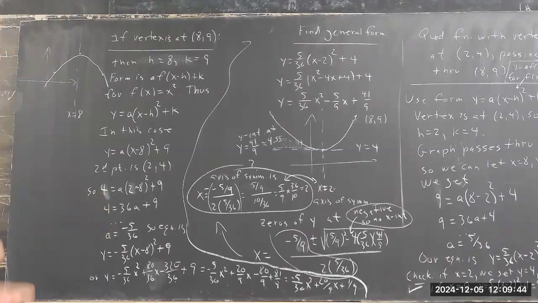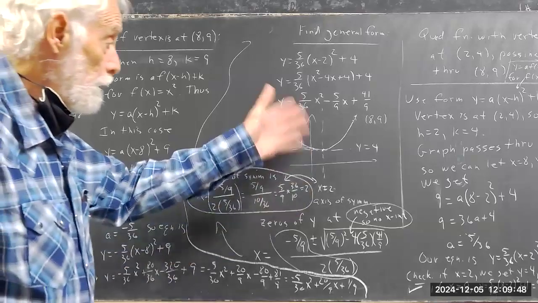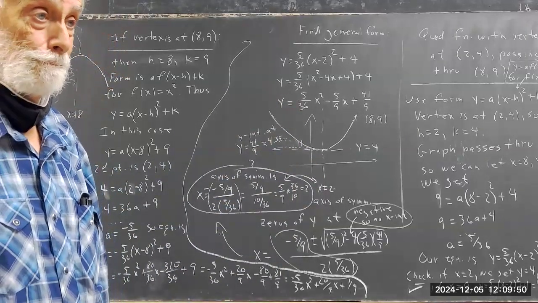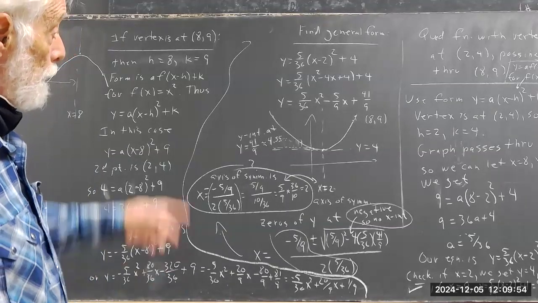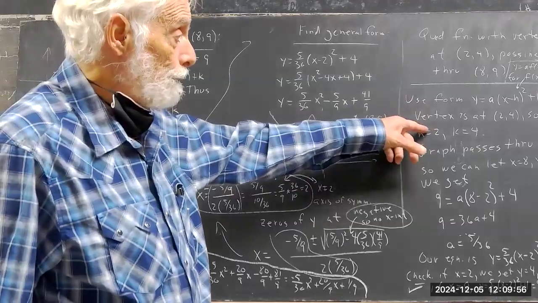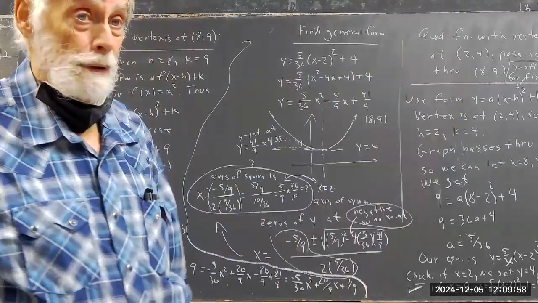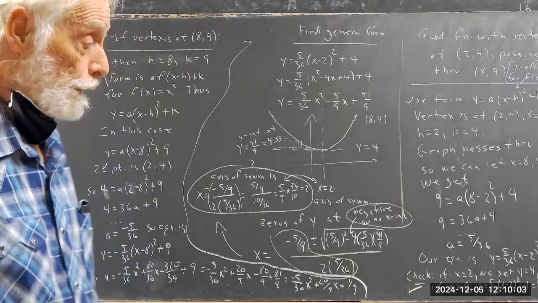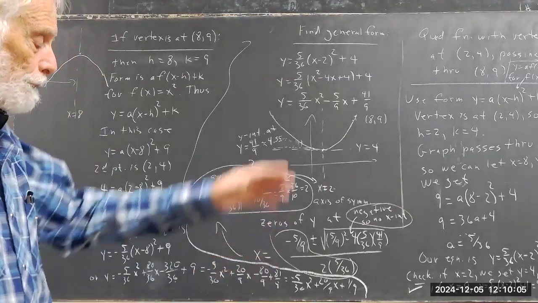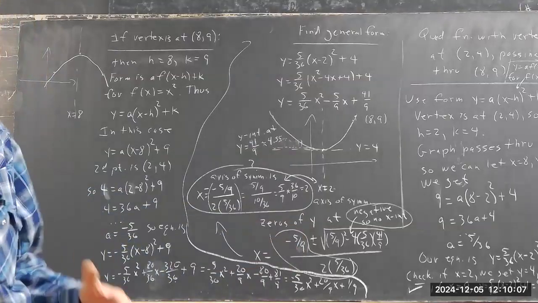So you should theoretically be able to do this, but at least make sure you understand how to graph a quadratic function. And you should be able to use a given form to find the equation of any of these functions. And that was the main thing I wanted to talk about.